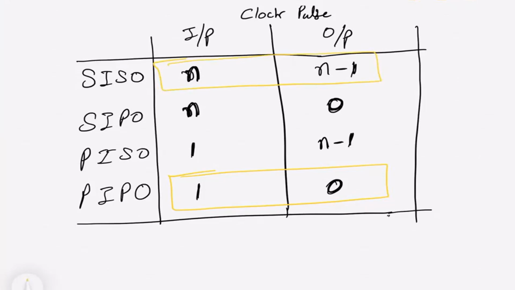So if you are dealing with serial input and serial output type of registers, the number of clock pulse requirement will be very high. And if the requirement is very high, your system will be slower. So in this case, your system is slower, and in this case, your system is faster.